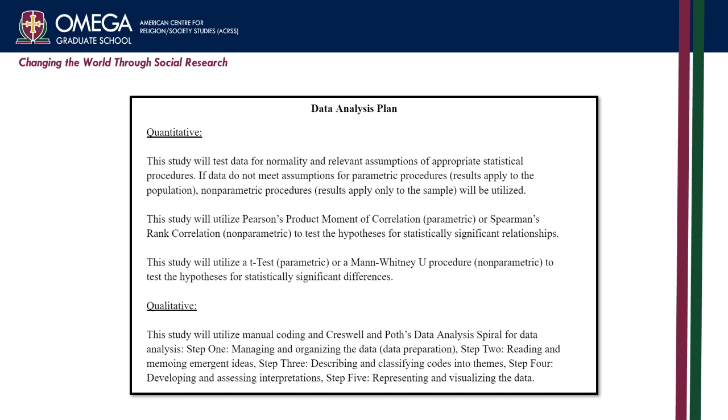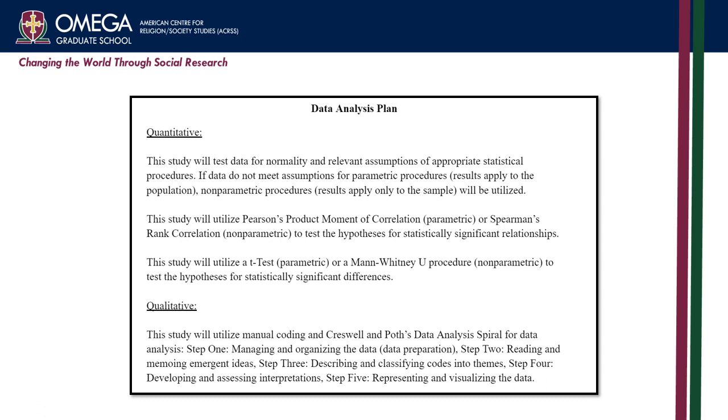This study will test data for normality and relevant assumptions of appropriate statistical procedures, and that's to determine whether or not you can use parametric or non-parametric procedures. If data do not meet assumptions for parametric procedures, that is, results applying to the population, non-parametric procedures, results applying only to the sample, will be utilized.